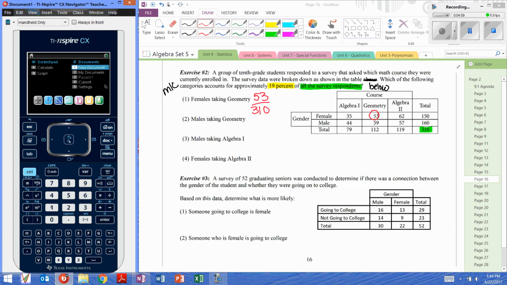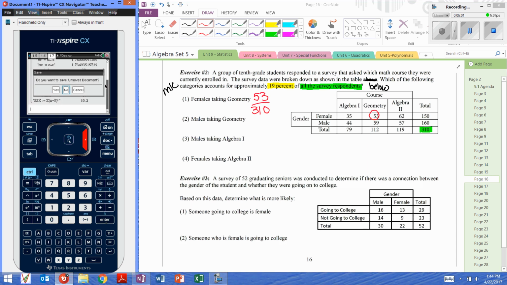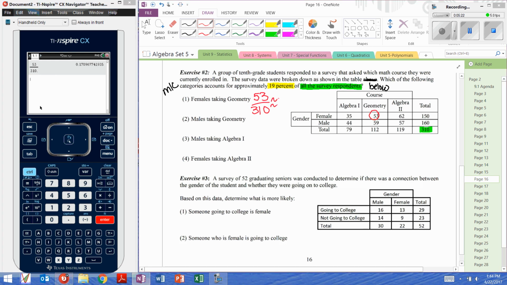If we come over to our calculator, let's do 53 divided by 310, and I want it to give me a decimal as an output, so I'm just going to put a decimal point after my 310, and that is about, that's pretty close, 17%. Let's see if we can get closer.